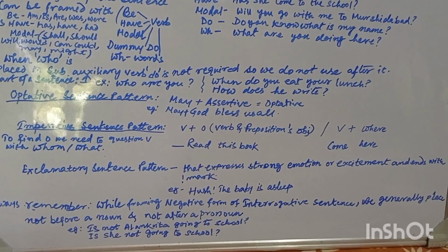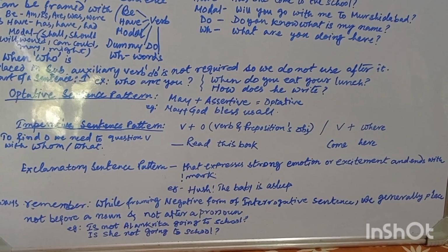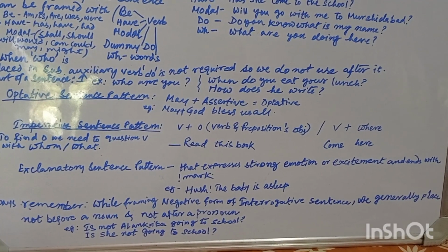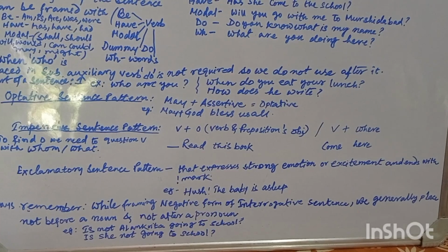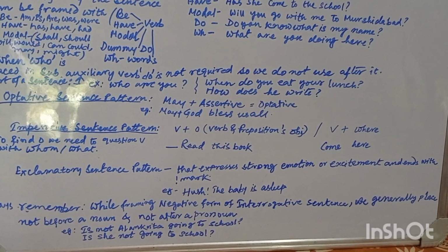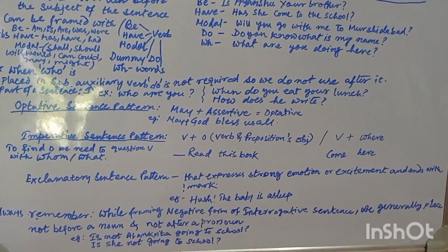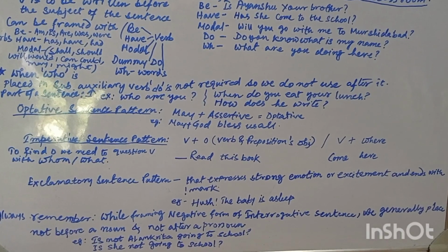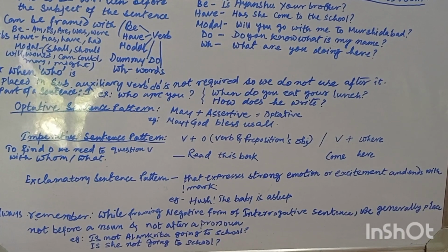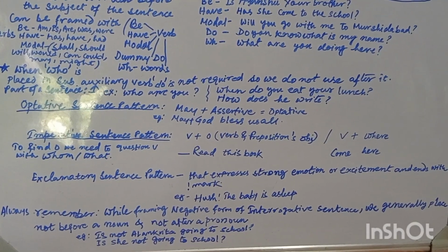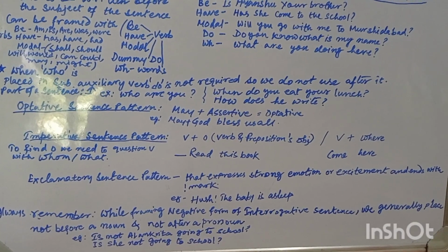Alankrita is a noun, a proper noun. And in the next sentence, is she not going to school? See, here she is a pronoun. After the pronoun, I am using not. So this is the basic difference when we try to frame the negative form of an interrogative sentence. This important fact we must all keep in our mind.